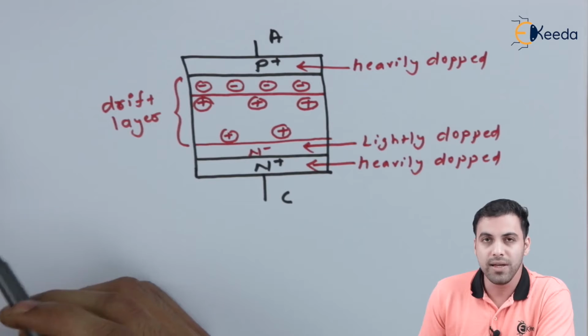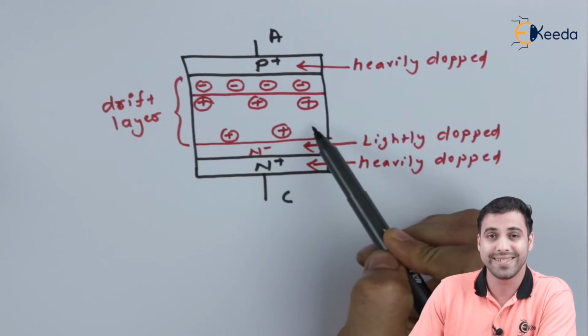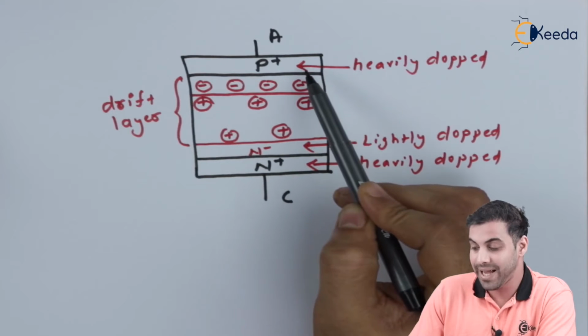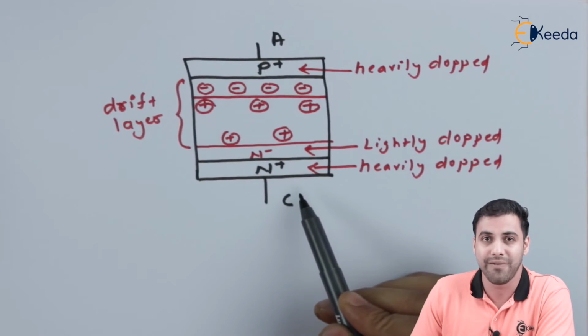Friends, here in this figure, the space charge region is still maintained when the p-type semiconductor is heavily doped and the n-type semiconductor is heavily doped.